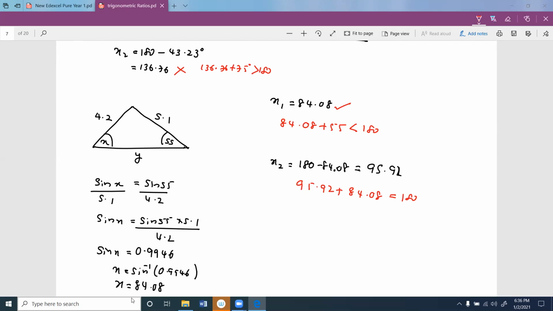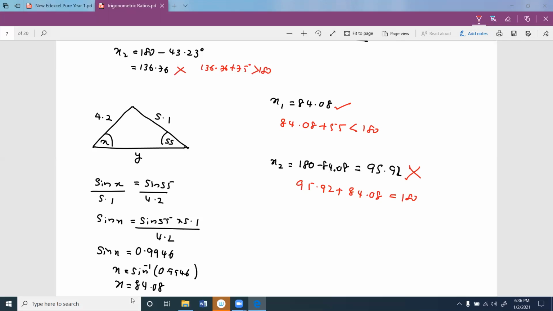Actually, this situation is not possible. The reason is that if it is 180, this angle would have to be the other way around. So it's not a possible situation to obtain the angle. So this is not there. Other than that, we should be able to get this answer.